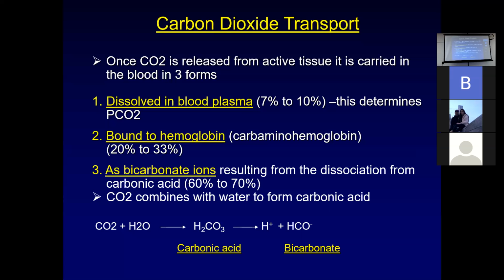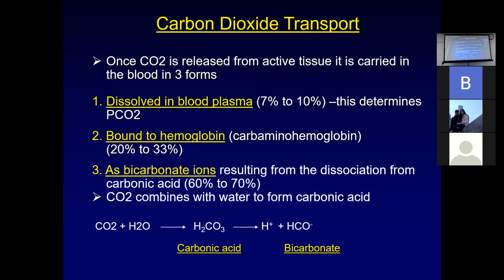And so you can run this reaction in reverse. If you have excess hydrogen, it binds to the bicarbonate ions, and it drives the reaction back this way. You're going to get extra CO2 to be able to breathe off. So this is one of the ways that we can use blood and the cardiovascular and the respiratory system as sort of a buffer to maintain acid-base balance.